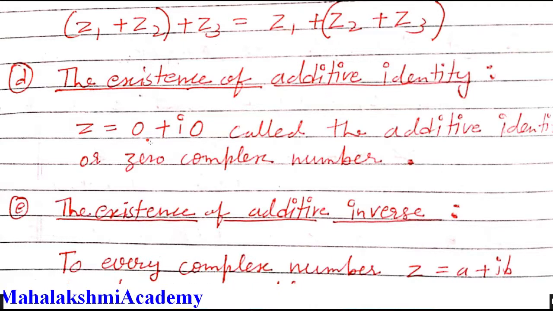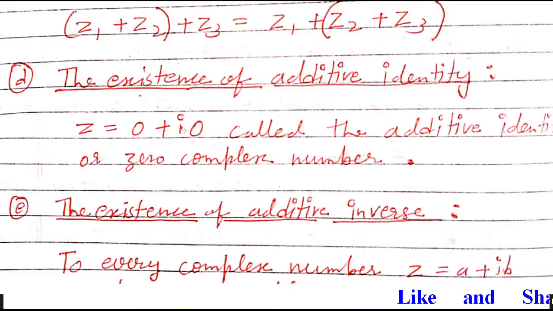In the same way, in complex numbers, z is equal to 0 plus iota 0. It's a complex number because iota is multiplied by 0. The conclusion is it's simply 0 only, because 0 multiplied by any number is 0, and 0 plus 0 is again 0.